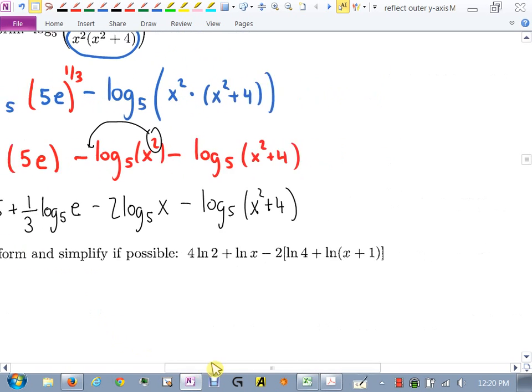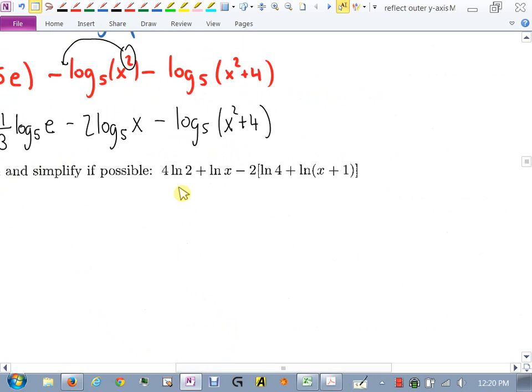Now this one is the opposite, right? Now you want to put these together. So I probably put the 4 up first. What's ln of 2 to the 4th? Natural log of 16? So this is natural log 16 plus natural log x.